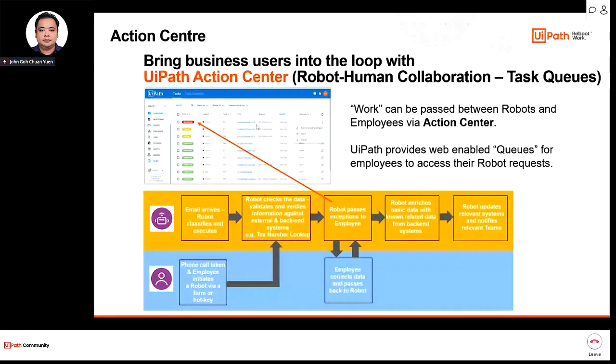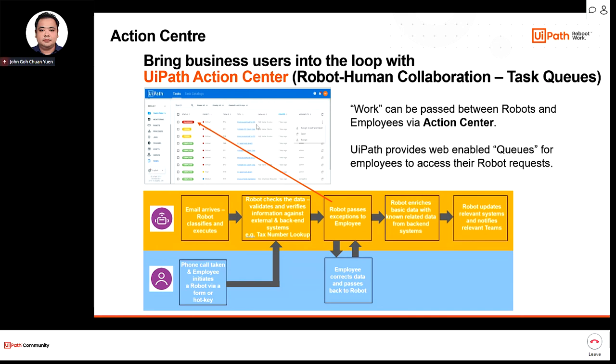But to a certain level, we found out that sometimes human intervention is required at certain processes. For example, approval. Like the expenses report, if you have something more than $1,000, we need a reporting officer to approve.